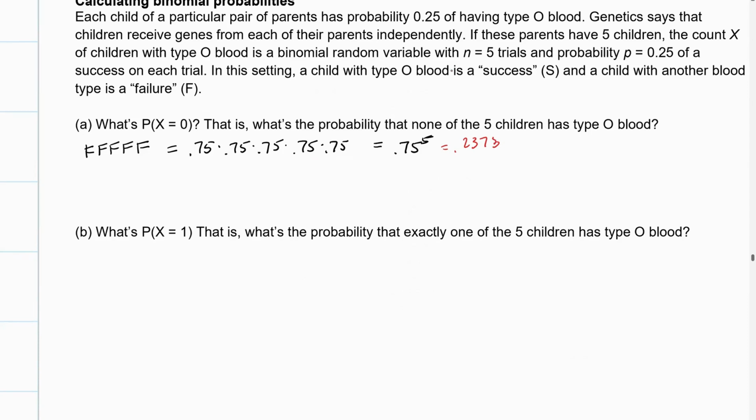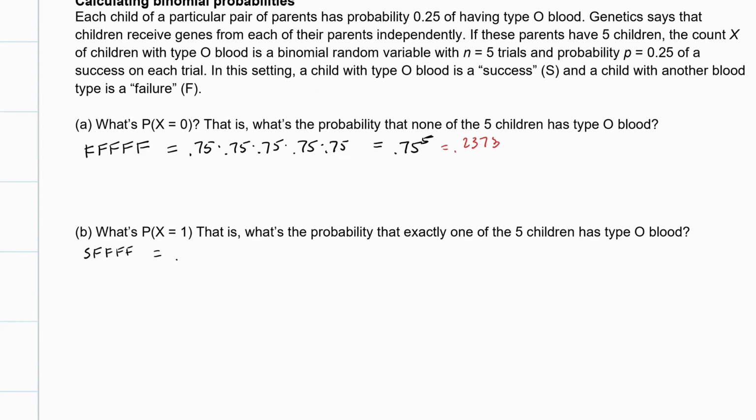Now, what's the probability of exactly one of the five children having type O blood? Well, let's think about having that one success. You could have a success, followed by four failures.